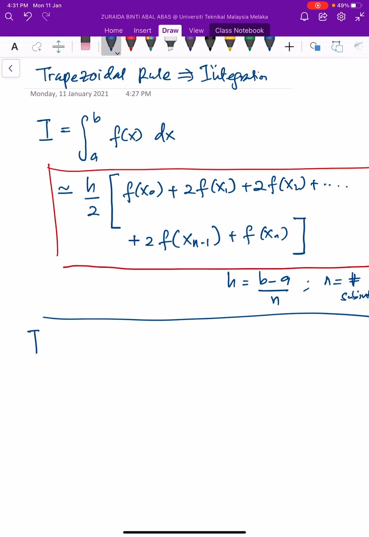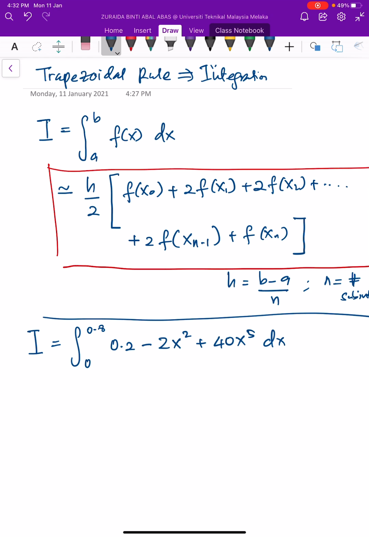You want to integrate, what is I for this particular function, from 0 to 0.8, and this is the function that you have: 0.2 minus 2x squared plus 40x^5 dx.